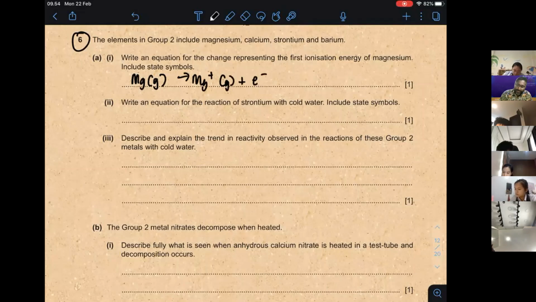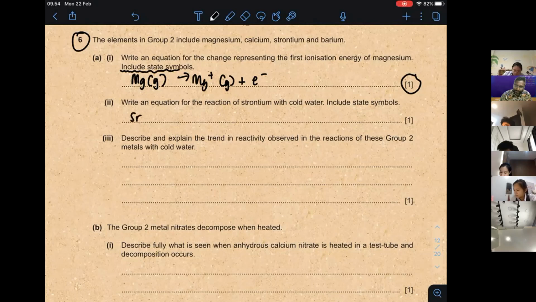Even if they don't say to include state symbols, if you do not write the gas, you will not get the 1 mark. Next, write an equation for the reaction of strontium with cold water. Strontium does react with cold water.